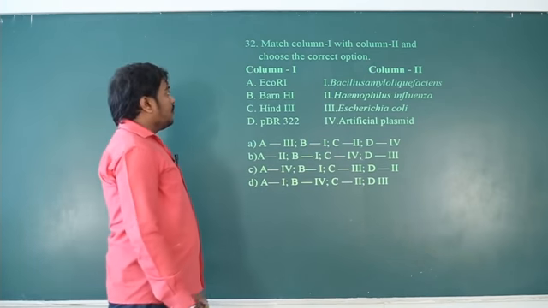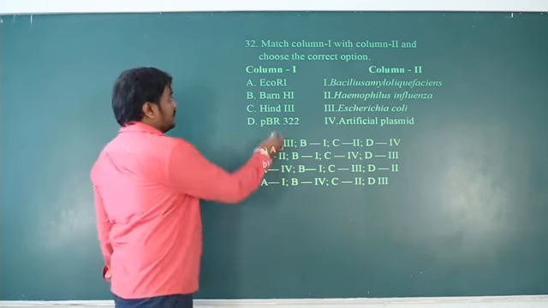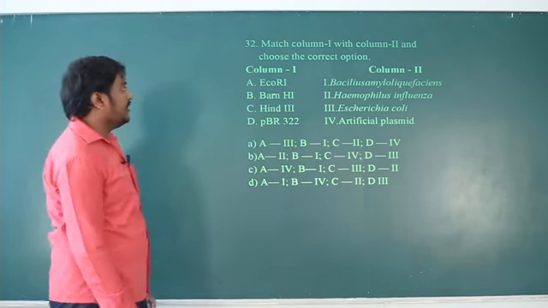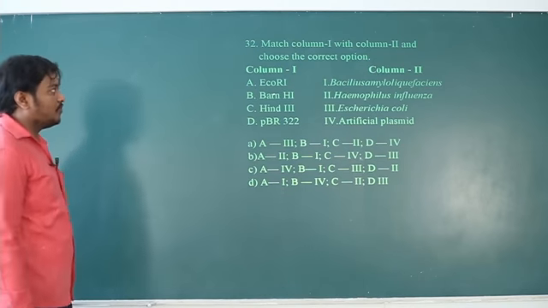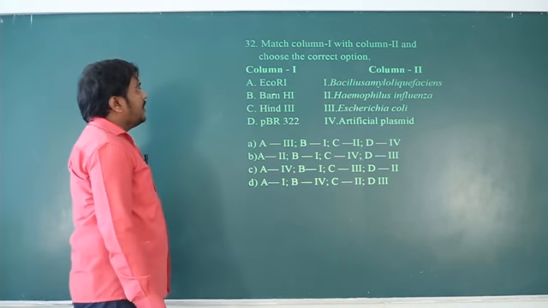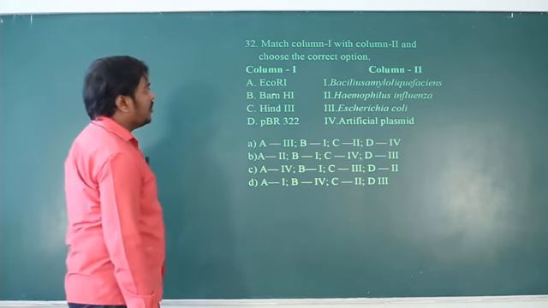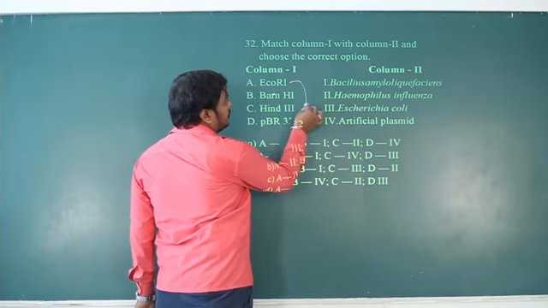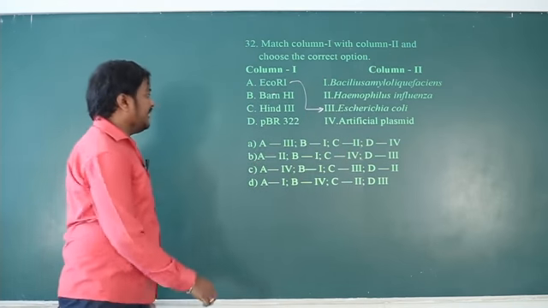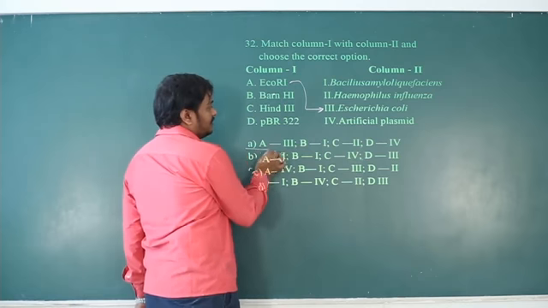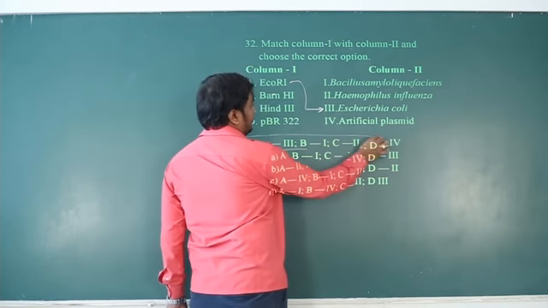Again, match the following: EcoRI, BamHI, HindIII, pBR322. EcoRI is from Escherichia coli, that is A3. Only one option has it, so no doubt you can select it as the answer.